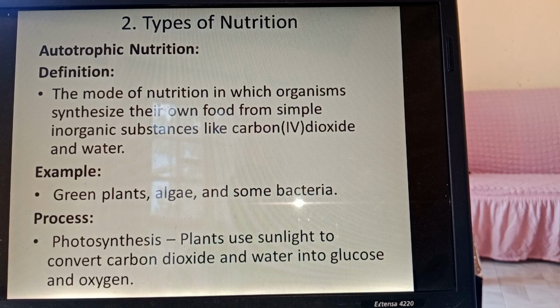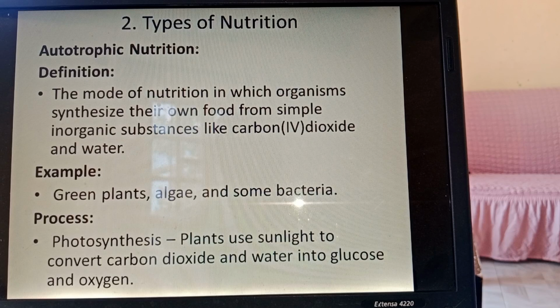Example: green plants, algae, some bacteria. Process: photosynthesis. Plants use sunlight to convert carbon dioxide.